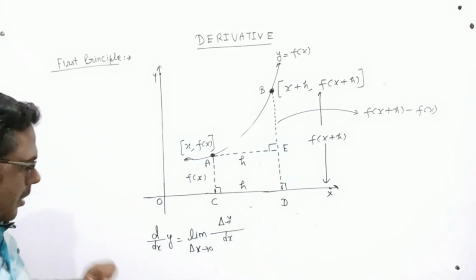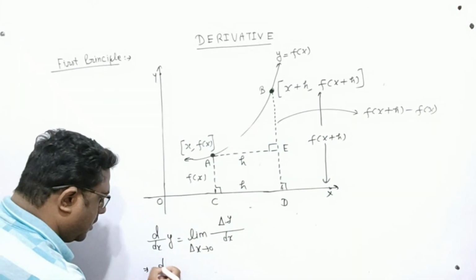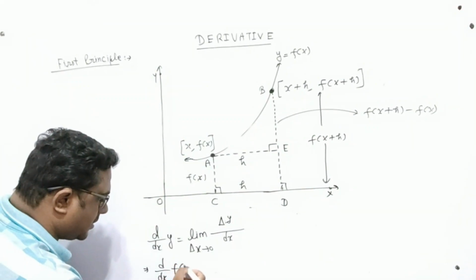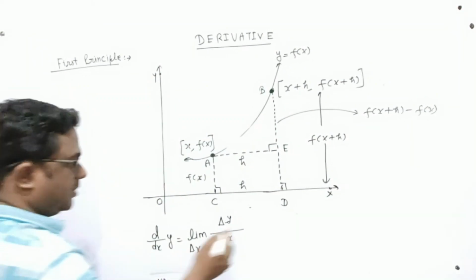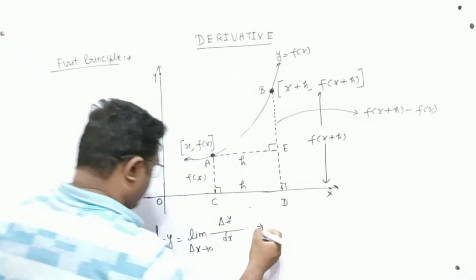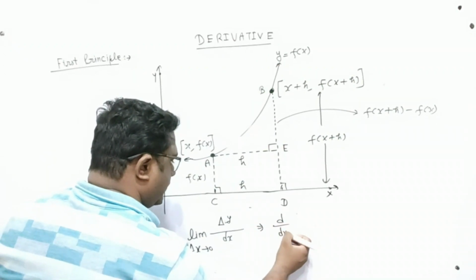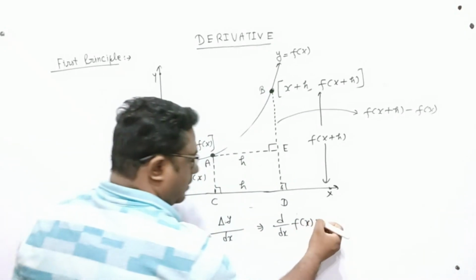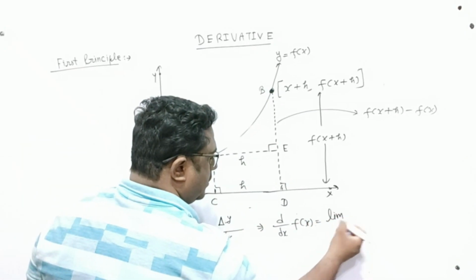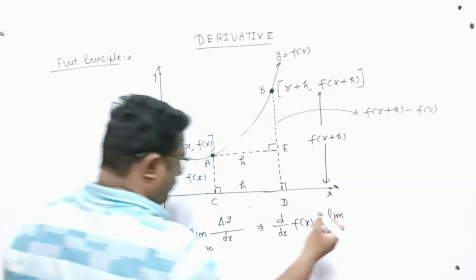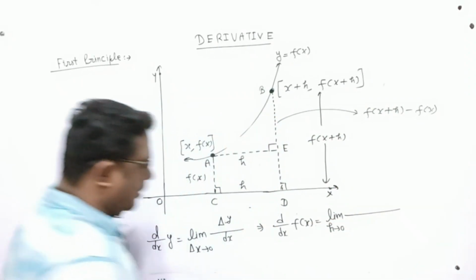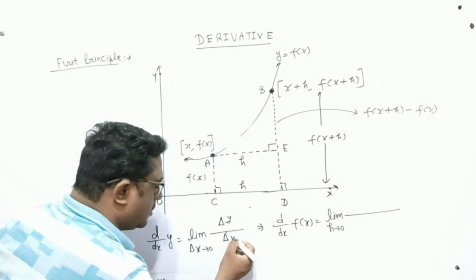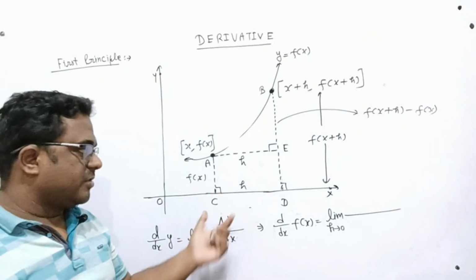Now this y can be written as f(x). So dy by dx, in place of y I can write f(x), is equal to limit h tending to 0. What was delta x in the previous figure?